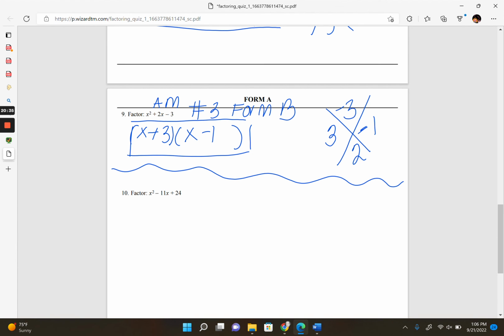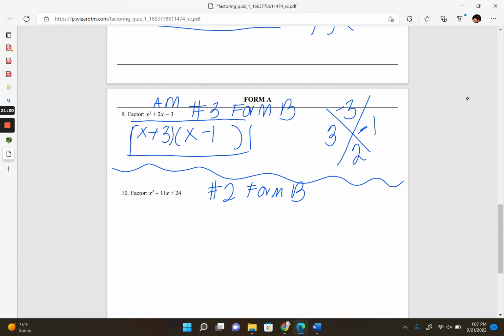Okay, and number 10 refers to number 2 on Form B. Now, last hurrah here, and then I want to make sure you listen to this so you have this down. We'll go through the flow chart in a second before we leave. First step, GCF.